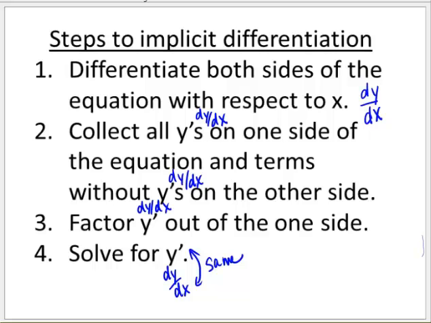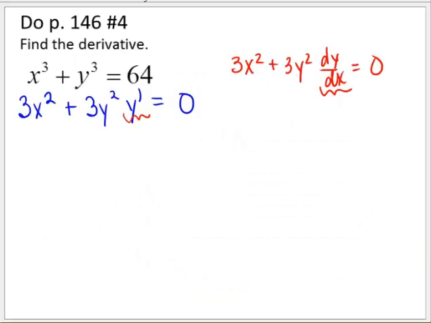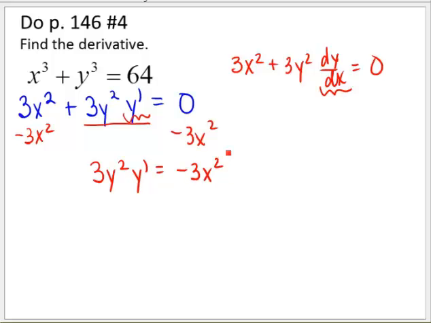The second thing we're going to do is collect all our y primes on one side of the equation. I only have one term with a y prime. It's right here. We're going to leave that on the left-hand side, and I'm going to move the 3x squared to the other side. That makes my equation read 3y squared y prime equals negative 3x squared.